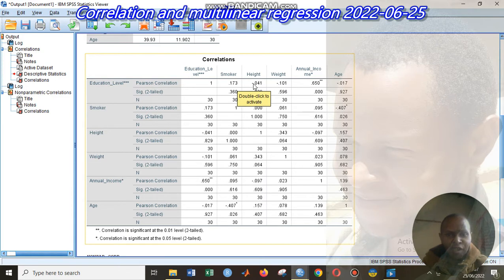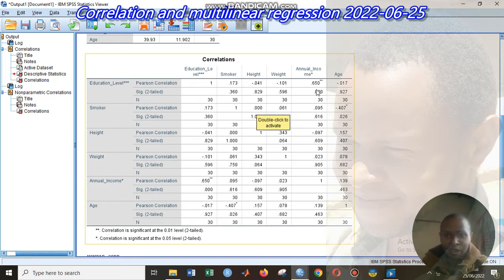Education and height is negative 0.04. 0 means there is no correlation. For example, height and smoker is 0.00, so there is no correlation between a person being a smoker and their height.